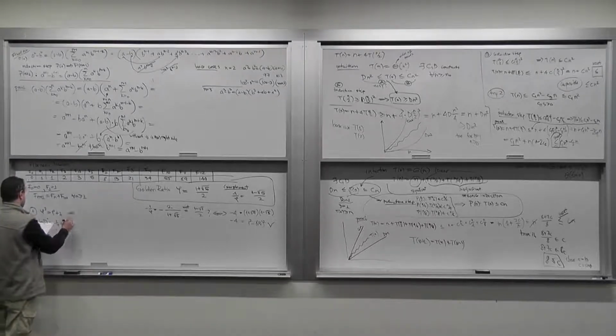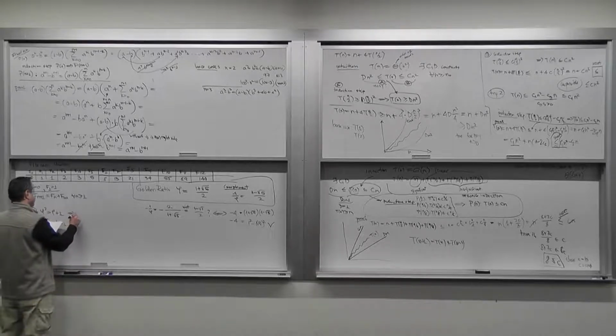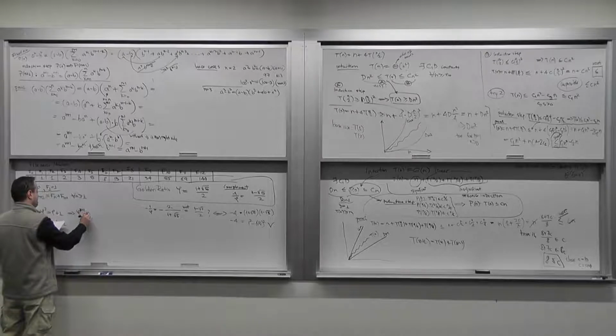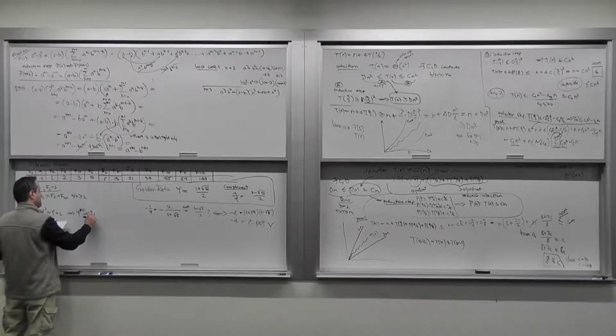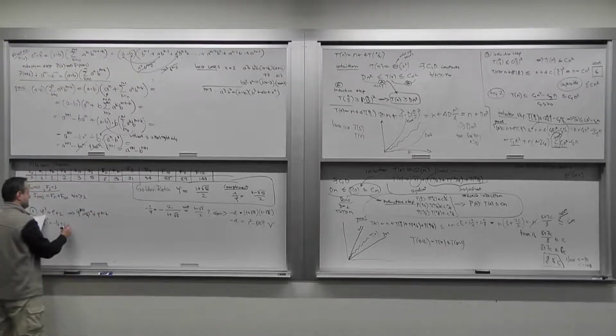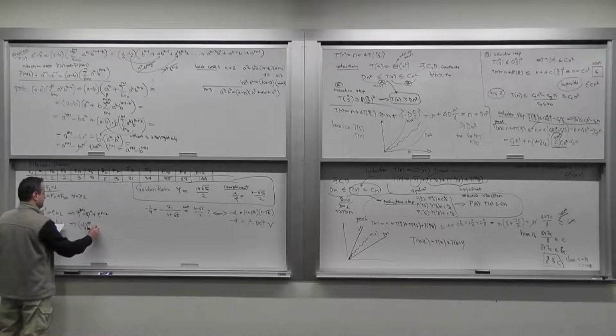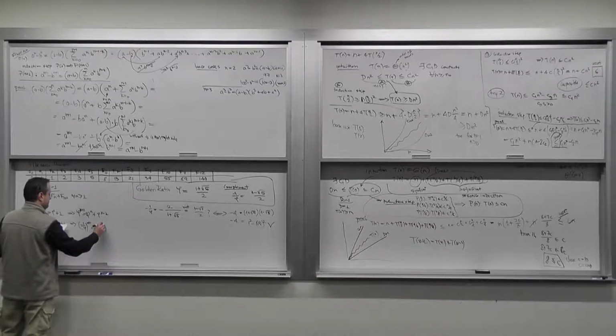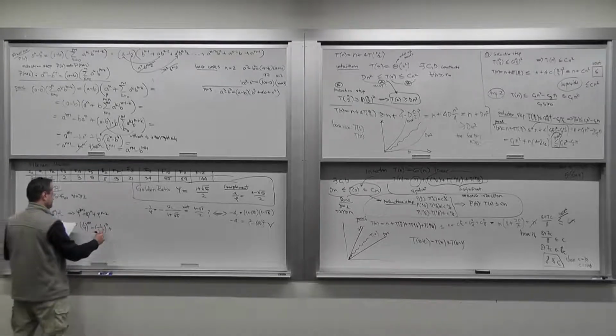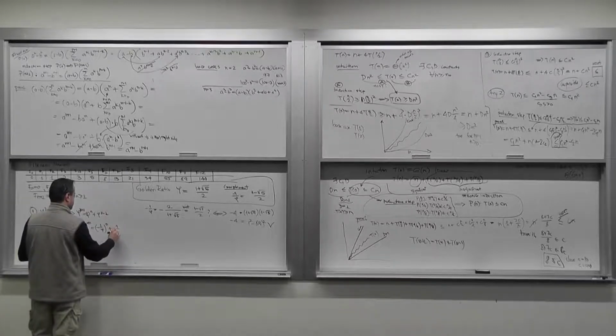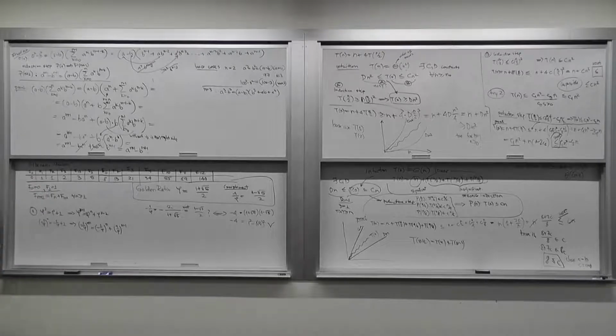This is going to imply that phi of n plus 1 is phi of n plus phi of n minus 1. That's very easy to see. And this is going to imply the same for the complement. So that's the first part we're going to do.